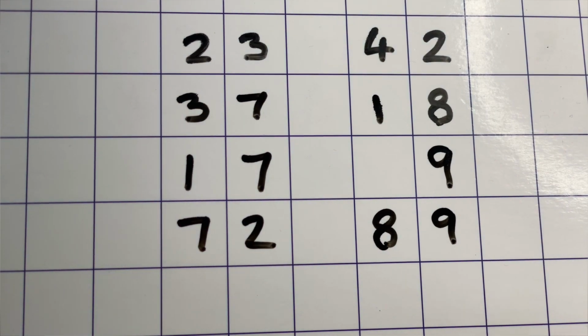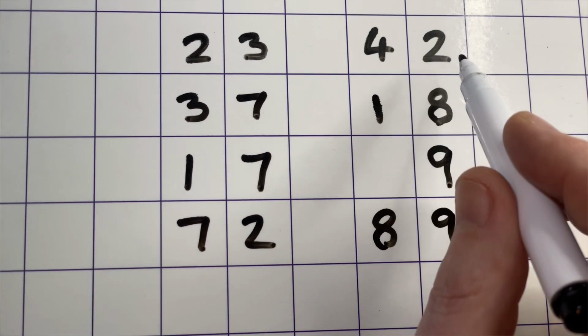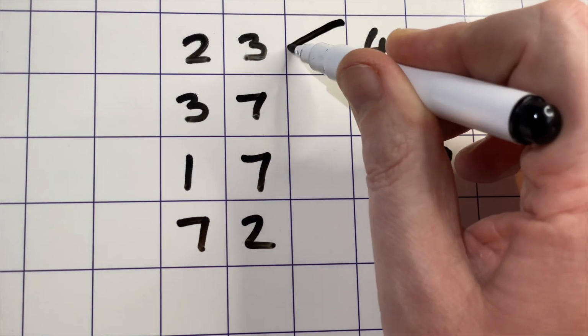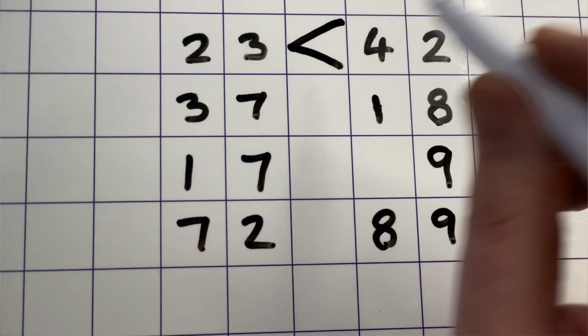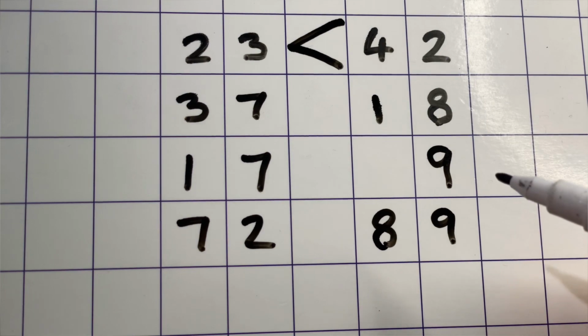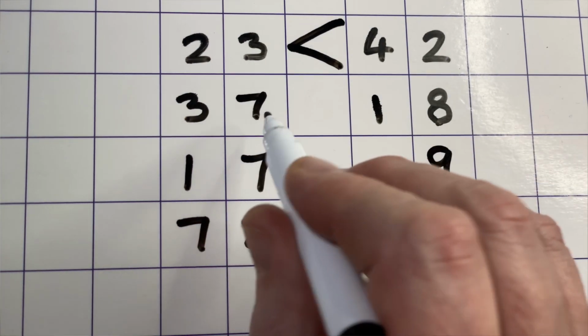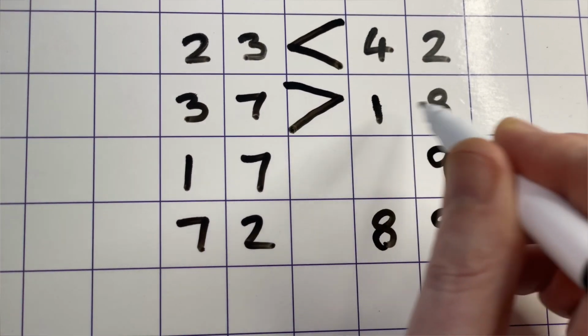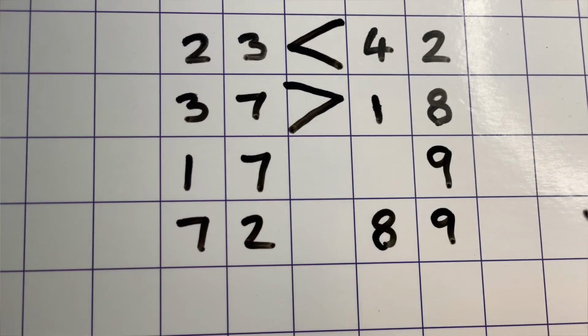Right, so we have 4 examples here, and I'm just going to model how I would answer these. So the first one, we have 23 and 42. Well, 23 is smaller than 42, the open jaws going for the bigger number. Here we have 37, which is larger than 18, so the jaws are facing that way.